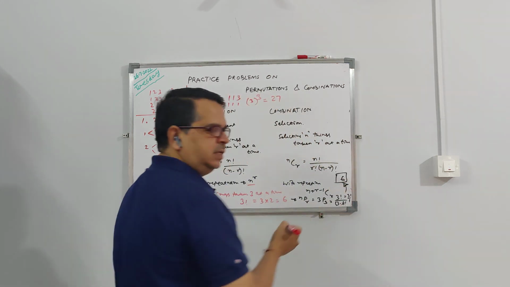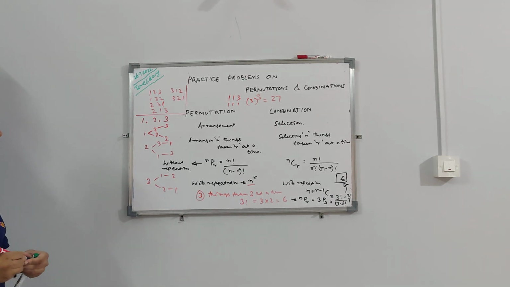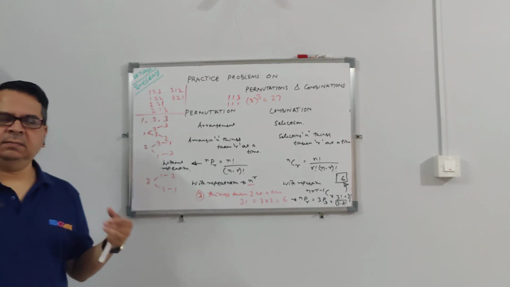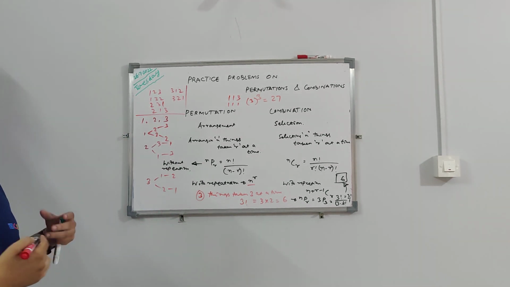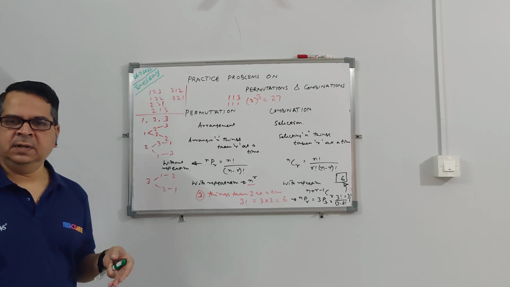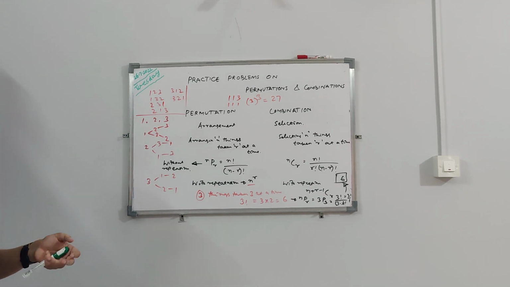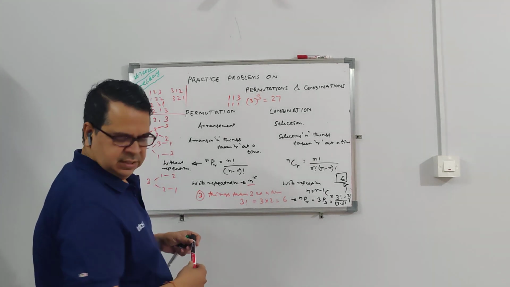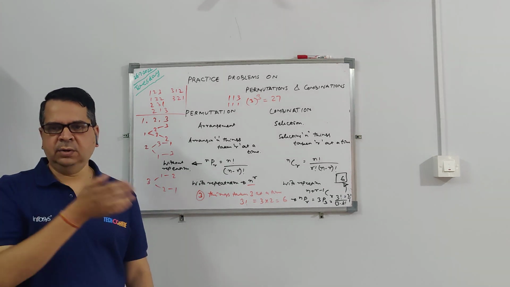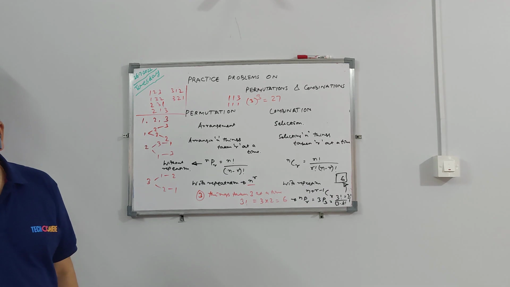This is an arrangement, that's why it's a permutation. When you take everything at a time, n things taken n at a time, it becomes n factorial only. So with repetition and without repetition, you need to be careful.